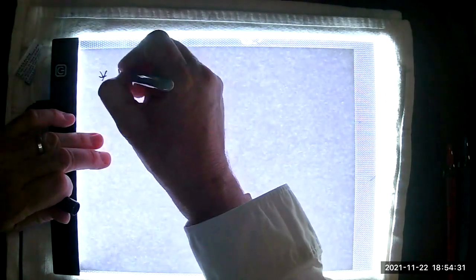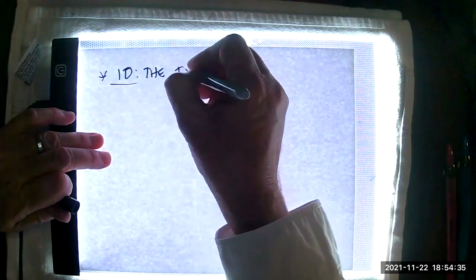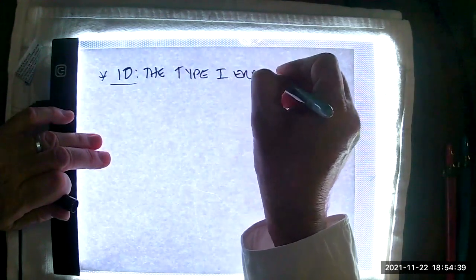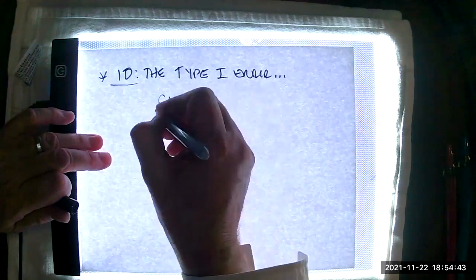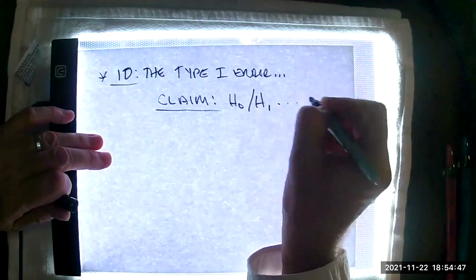Oh, one other thing from 8.1. You should be able to also identify the type 1 error. I have to give you a claim so you can develop the null and the alternative hypothesis.